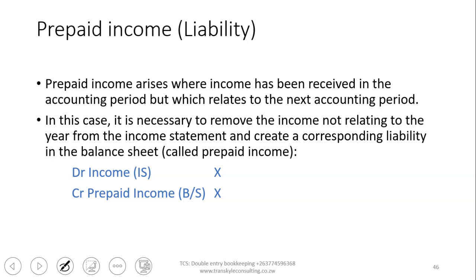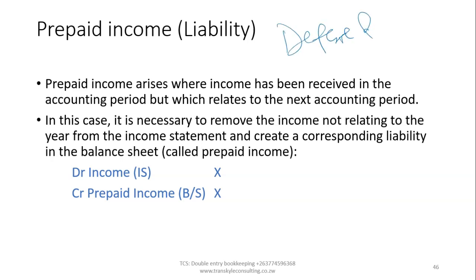Now, the last part is the prepaid income, which is a liability. Let's say you are paid in advance before you do the job. If you are paid in advance, you should treat that income as a liability. That's deferred income. You should treat it as deferred income.